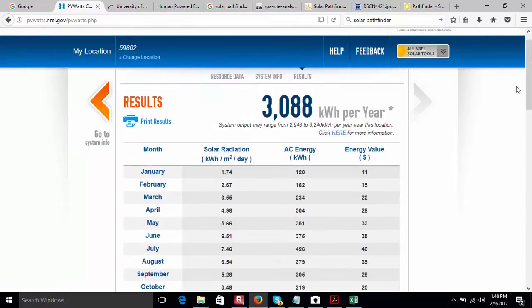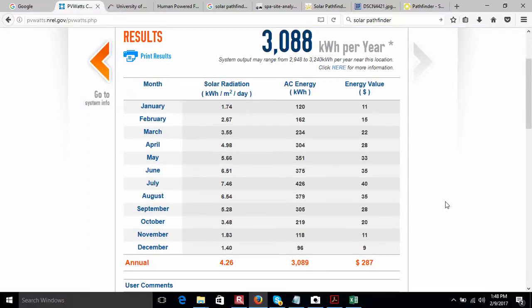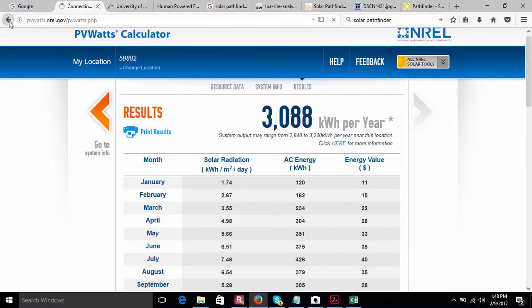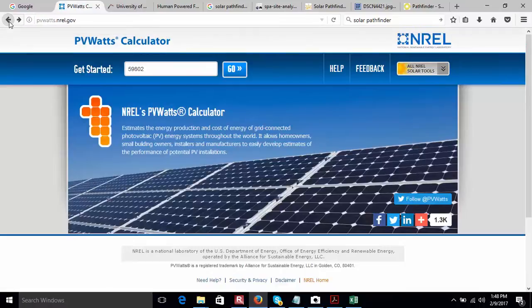So from there, there's your 3,000 kilowatt hours per year. You can turn that into a dollar savings. That might be right down here. Okay, so there's your $287. Figure out what the system cost you up front, and then you can just do your payback analysis. So fairly straightforward, the PV watts calculator.